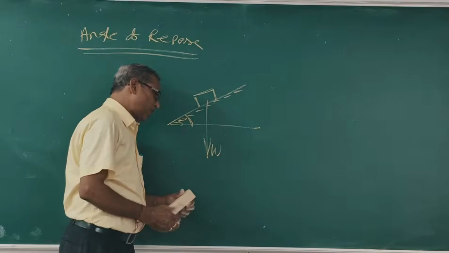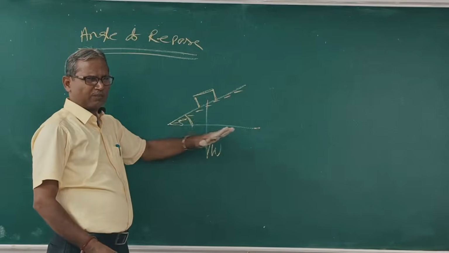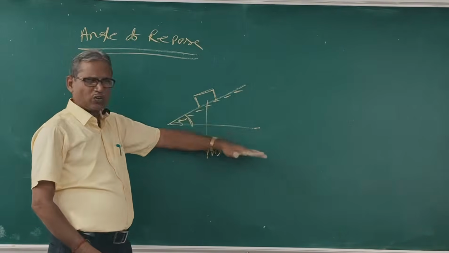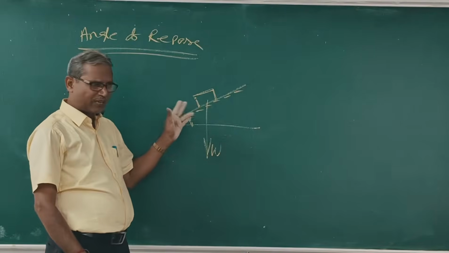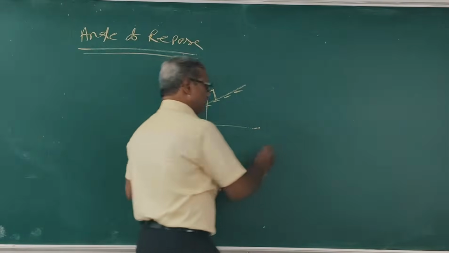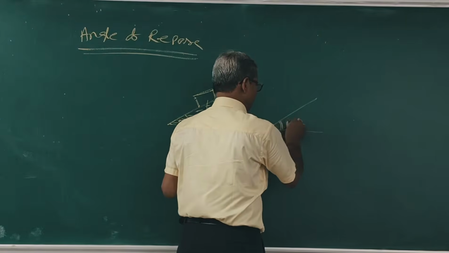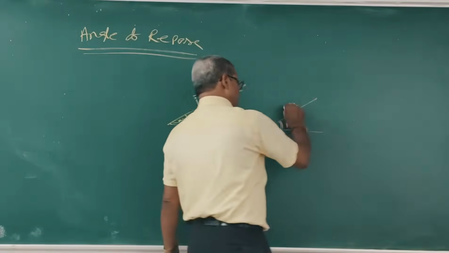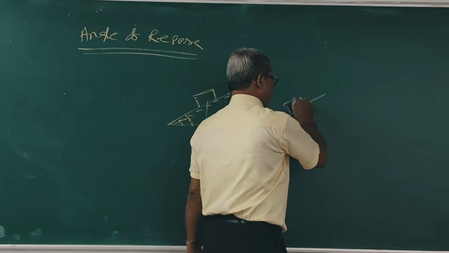Now the plane makes 5 degrees with the horizontal, so it is nearly horizontal. When the body is resting over the plane, it cannot move downwards because the inclination is very small. Suppose this increases to 10 degrees. At this condition, the body also does not move downwards.